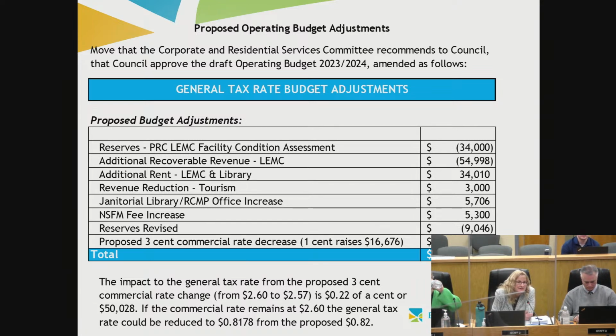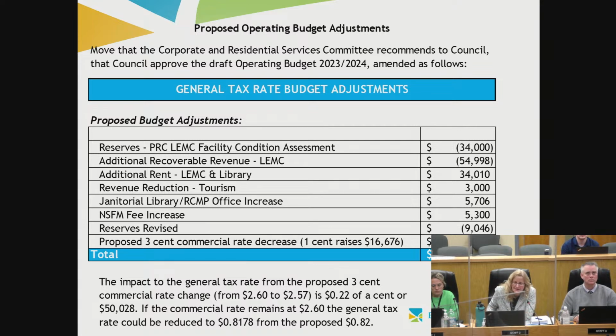There was also a slight reduction in tourism revenue of $3,000 that has been removed. So that's proposed here as well tonight. We figured we'd bring as many adjustments back at the same time. We did just recently discover that there will be a slight increase in the janitorial services for the library in Uniacke, as well as the RCMP building in Rawdon.